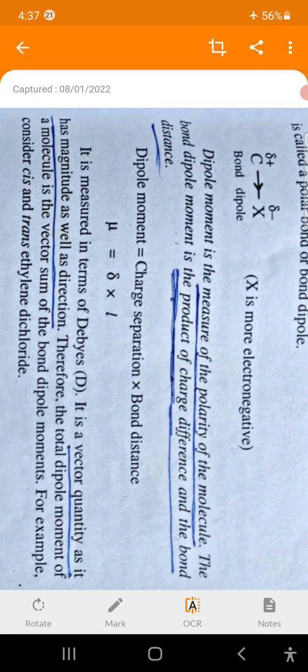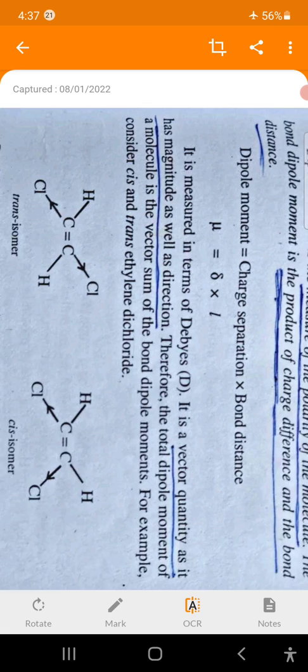If one atom is highly electronegative and the other is highly electropositive, the electronegativity of one atom is very high while for the other it is very low, then the charge separation is more and the value of delta is more, and therefore the value of dipole moment in that case is also more.